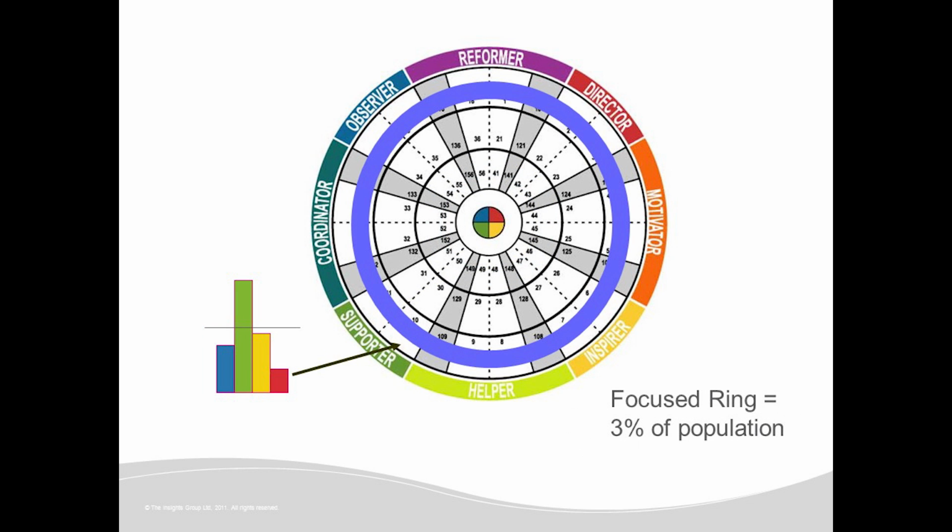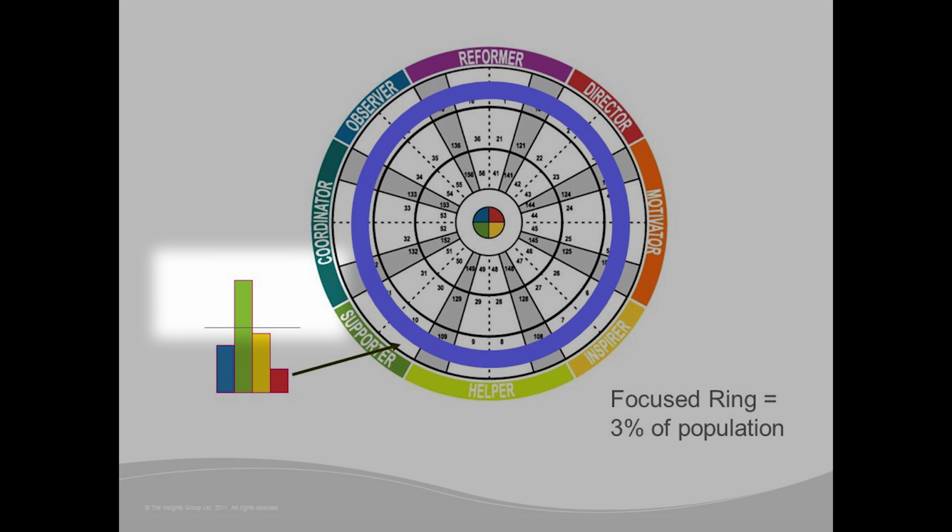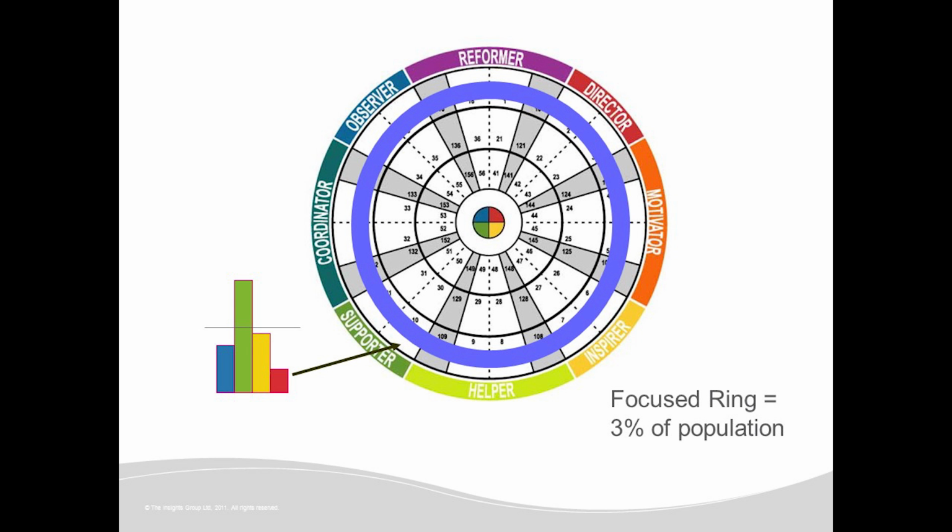The outermost ring, which represents an individual who has just 1 color energy above the midpoint, we call focused, because they tend to be focused on that one particular color energy, and it's much more rare to see. In fact, someone's conscious wheel position only shows up in the focused ring about 3% of the time.